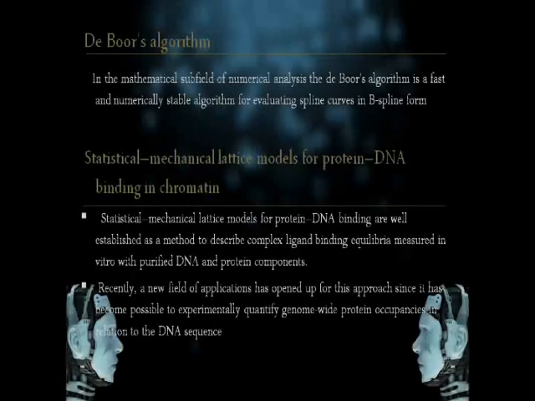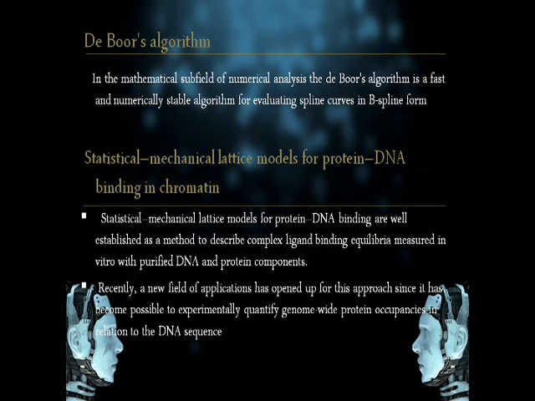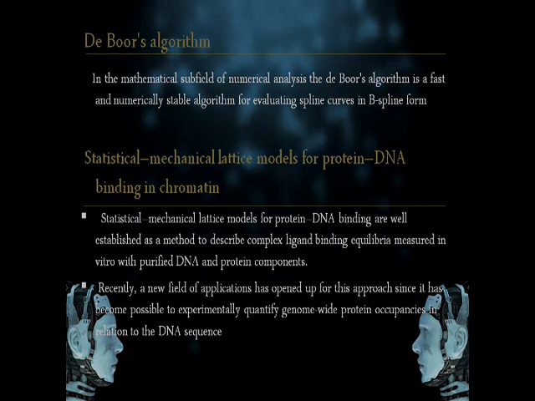Statistical mechanical lattice models for protein DNA binding are well established as a method to describe complex ligand binding equilibria measured in vitro with purified DNA and protein components. Recently, a new field of applications has opened up for this approach since it has become possible to experimentally quantify genome-wide protein occupancies in relation to the DNA sequence. This method uses a dynamic programming approach.